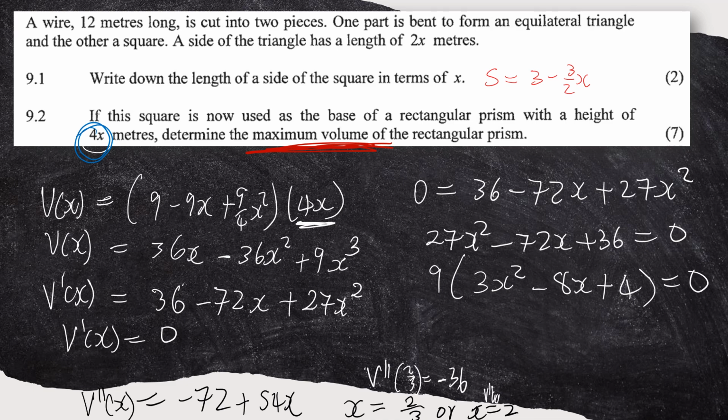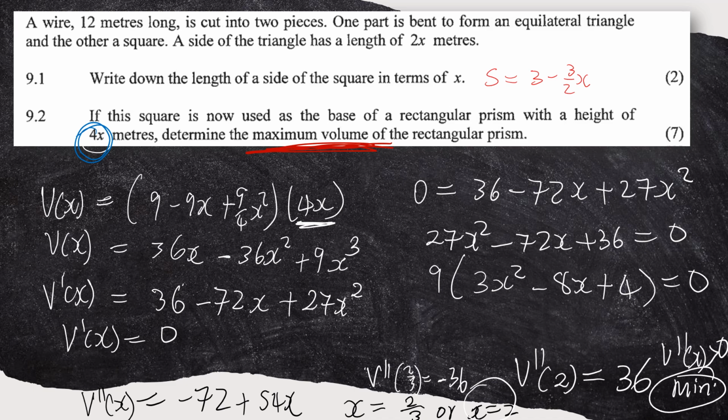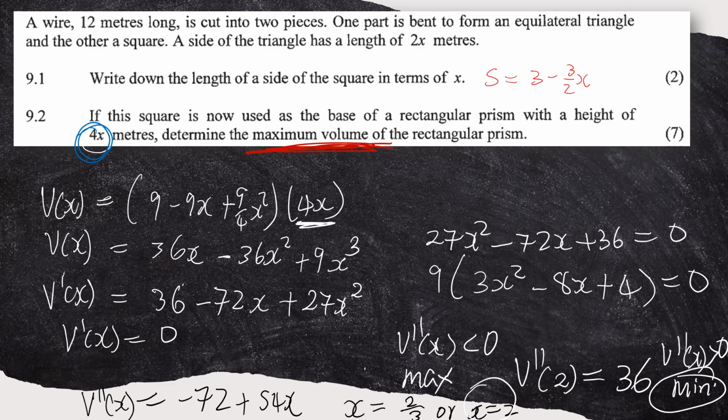So when x equals 2, the second derivative is 36, greater than 0, so this one will give us the minima. When x equals 2/3, the second derivative is negative 36, less than 0. This one will be the one that will maximize.